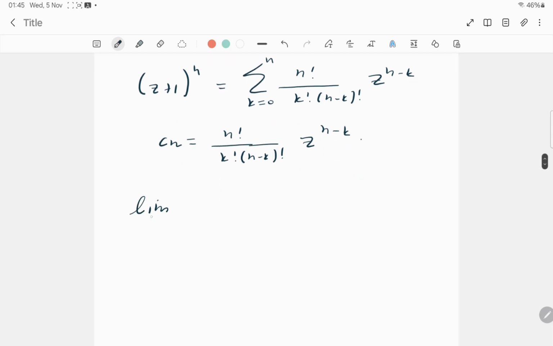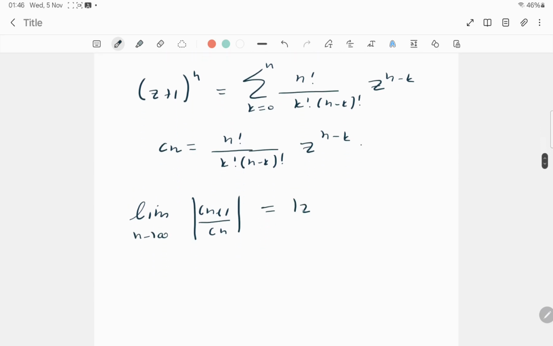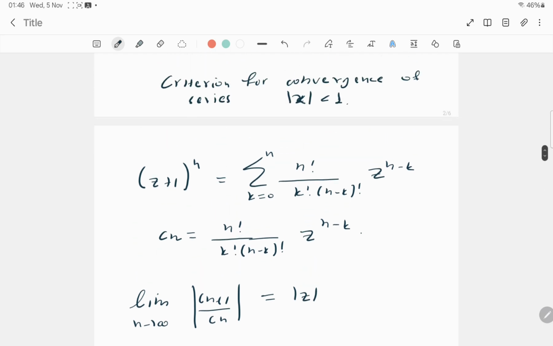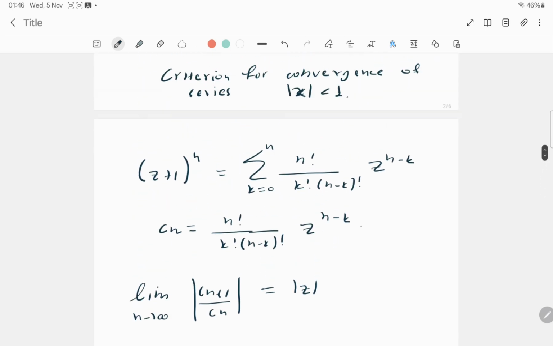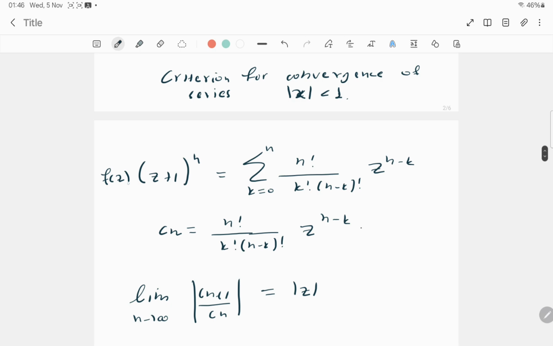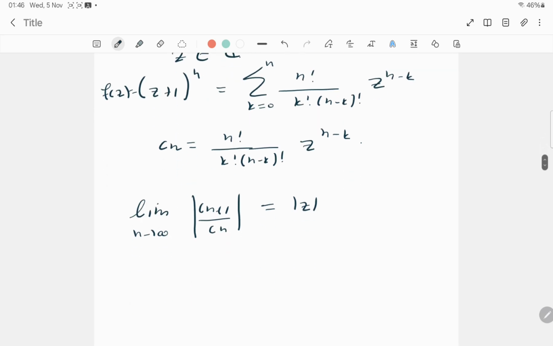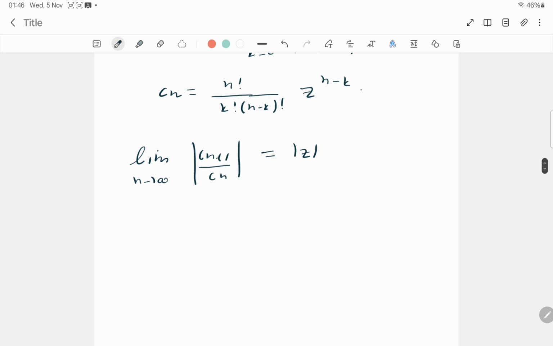And if we take the limit of the modulus of Cn plus 1 over Cn as n grows to infinity, then we have the modulus of z. Z is a complex number now, so this is f of z, where z belongs to the complex plane, and this should be strictly less than 1.